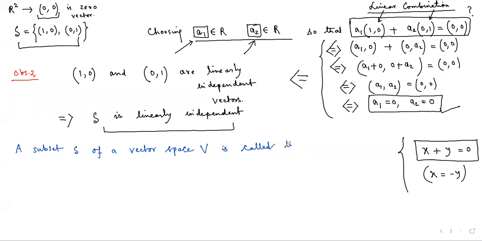If I am not able to finish the definition in this session, we will continue in the next session. I started the definition with the term linearly dependent. Remember, I have not written linearly independent. It is the right style of writing the definition.